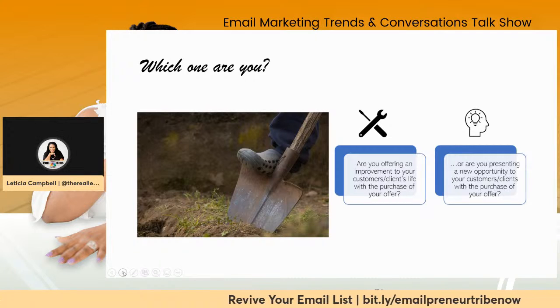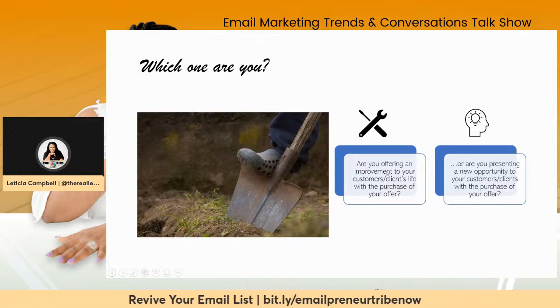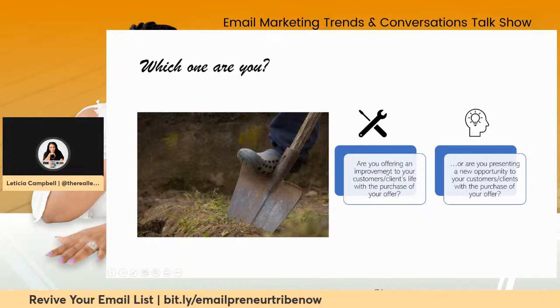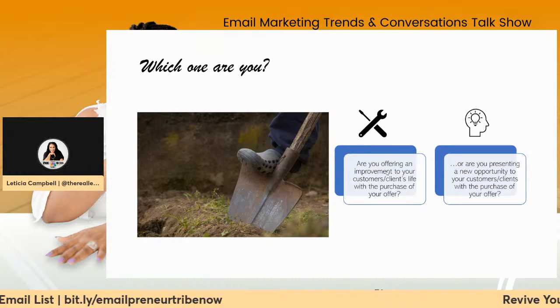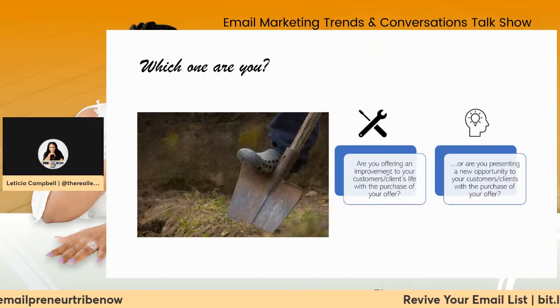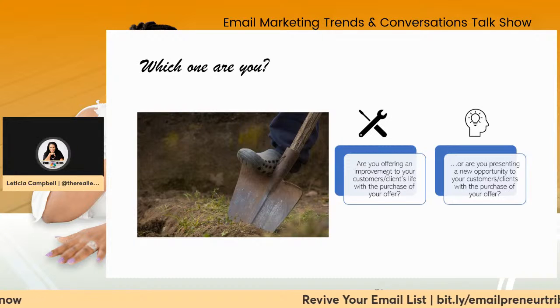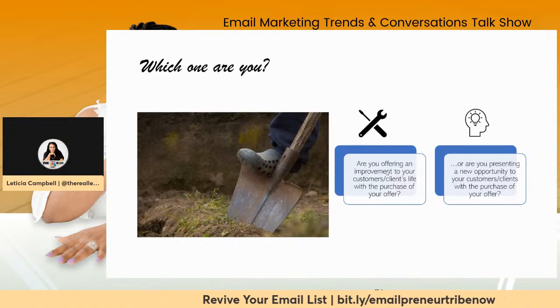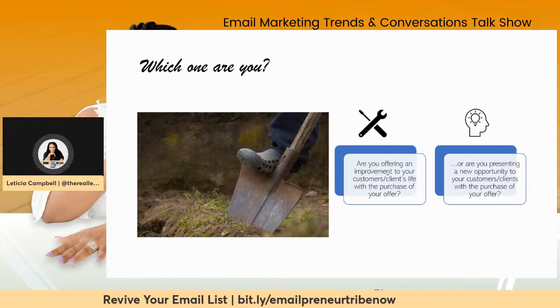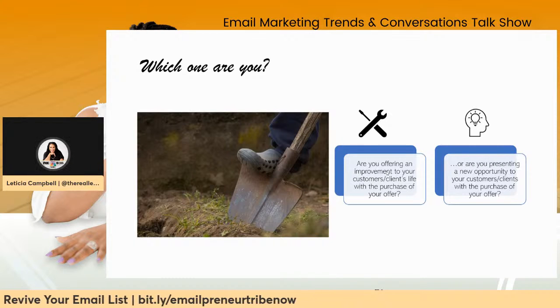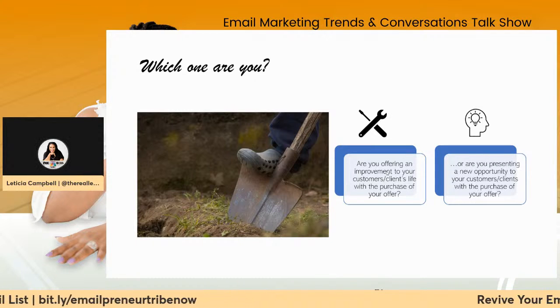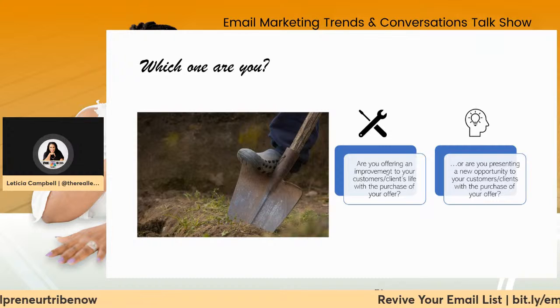Let me break it down. If you're offering someone an improvement, those who are looking for improvement in their business, in their life, in their relationships, in themselves, those are the most ambitious people you'll ever meet in your life, right? They are highly inspired individuals, because they already know that whatever's going on in their life is okay.